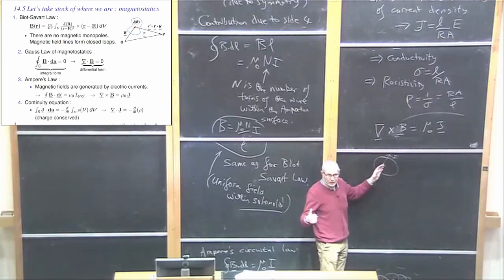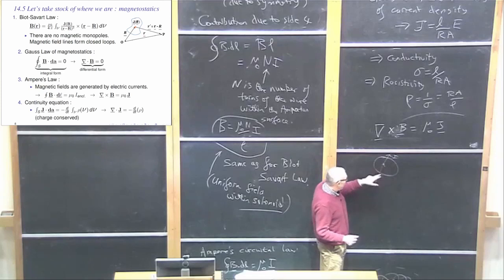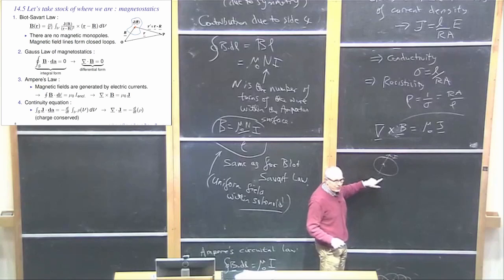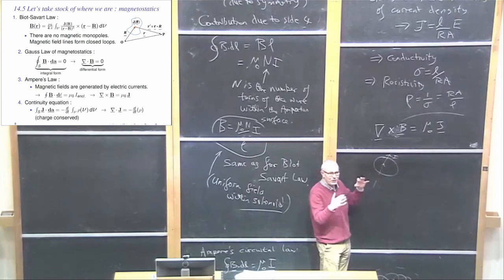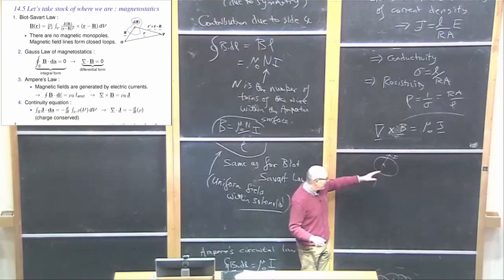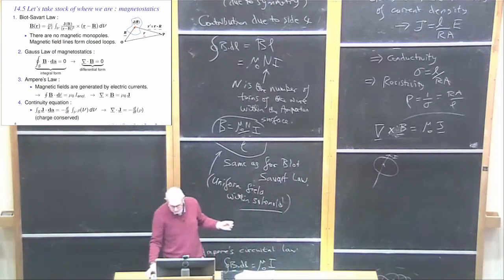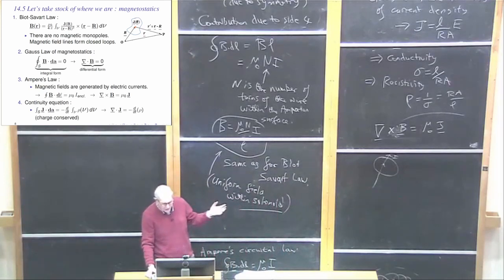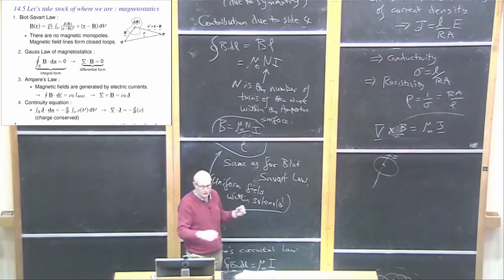You might ask, if you move this surface, if there's a current flowing here but a gap there, I'm going to get a different result in that gap, and you'd be right. That's when we have to take into account time-varying electric fields, which is what we're going to do next. So this is all good for constant currents. There's nothing wrong with Ampere's law. It still holds good, even if you have breaks in the circuit, but you just need to modify it.